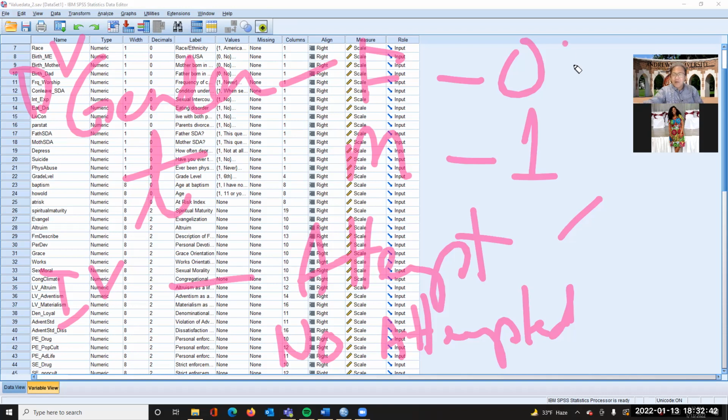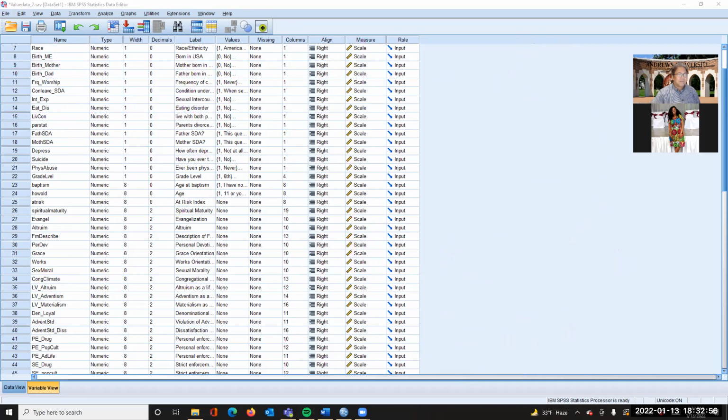So if somebody comes along and says, this is what I want to do, then you should be able to tell them the appropriate statistic is, in fact, the chi-square test of association or chi-square test of independence. That's the appropriate test you need to do, right? And the reason for that is both your variables are categorical.